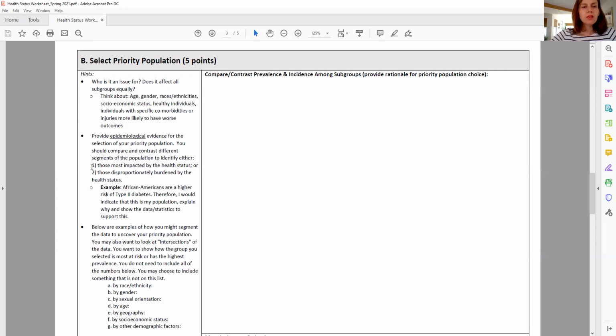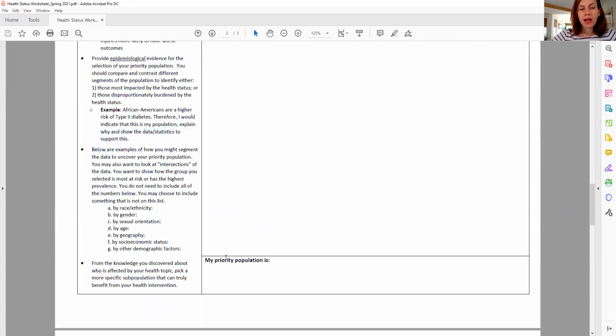So you should be providing, again, cited data that's showing me where we see the greatest burden of disease. An example: African Americans are at higher risk for type 2 diabetes. Therefore, I would indicate that this is my population, explain why, and show the data and statistics to support this. So here is where you actually list what my priority population is.